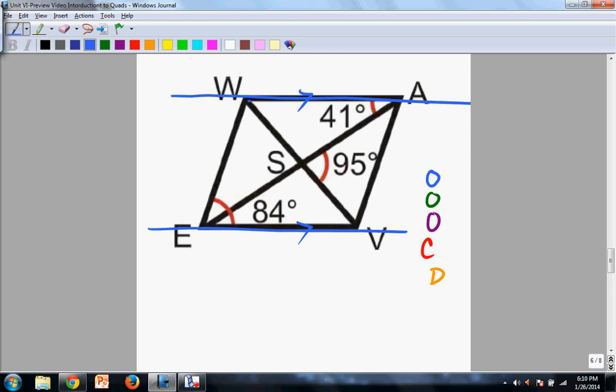So taking a look here, we can do this. Armpits of the Z. That means this angle right here must therefore be 41 degrees. We're told that the whole thing is 84.